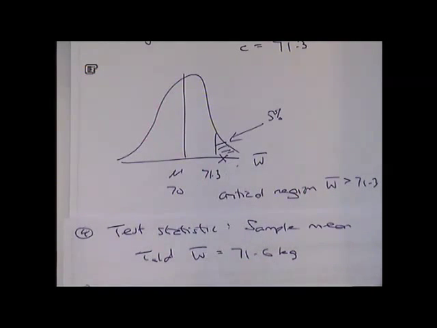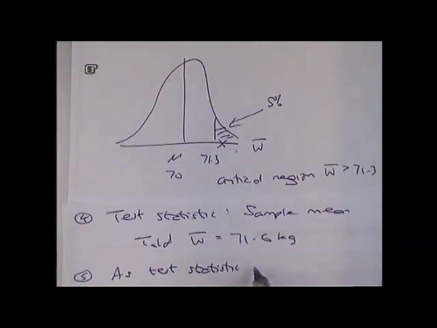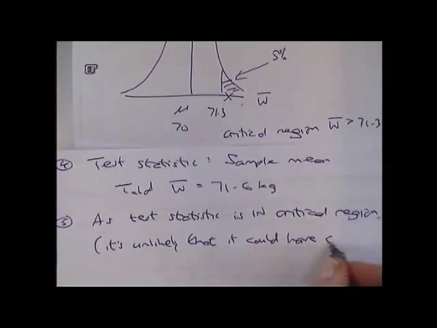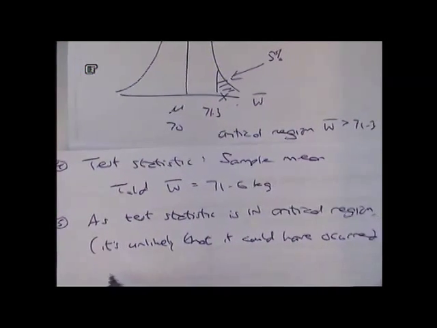As our test statistic is in the critical region, that means it's unlikely that it could have occurred by chance.